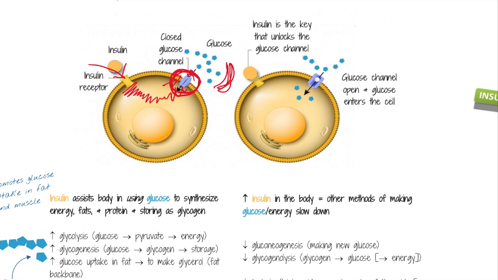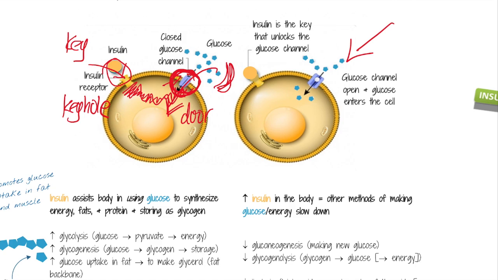I'm not a huge fan of the whole key and lock metaphor because it does break down fairly quickly, but if you want, you can think of insulin as the key, the insulin receptor as the keyhole, and then the glucose receptor as the door. And so the insulin attaches to the insulin receptor and opens the door and allows the glucose into the cell. So you can kind of see that happening over here.